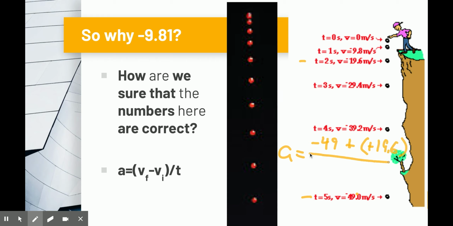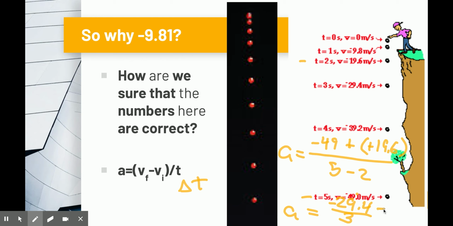Divided by 5 minus 2. So that's actually why we say delta t. It's final time minus initial time. So A is equal to negative 49 plus 19.6, which is negative 29.4, divided by 3.